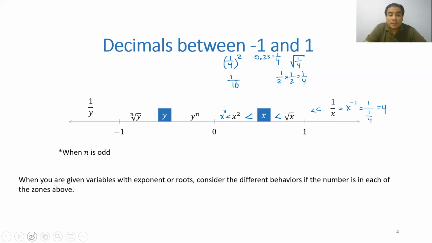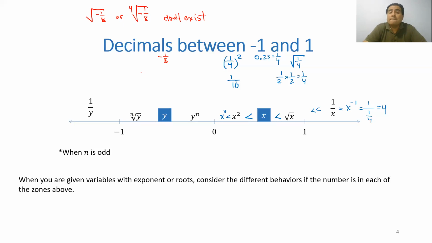Now let's talk about what happens with negative decimals. Well, negative decimals have some restrictions. For example, -1/8. First of all, when you talk about taking roots, you cannot take the square root or the 4th root of -1/8, right? These don't exist, because we cannot take the square root, or the square root of the square root, of a negative number.